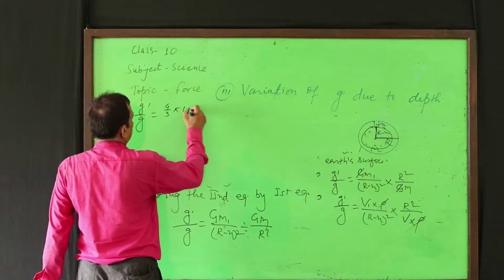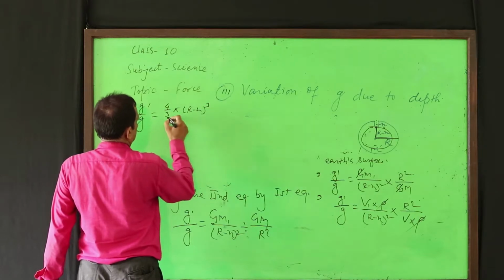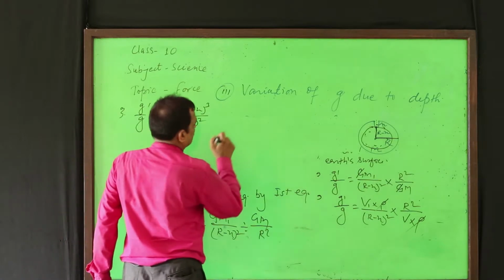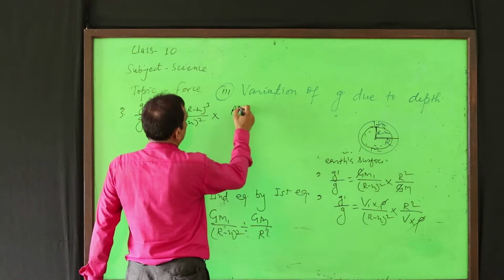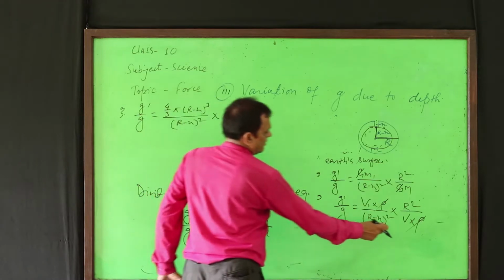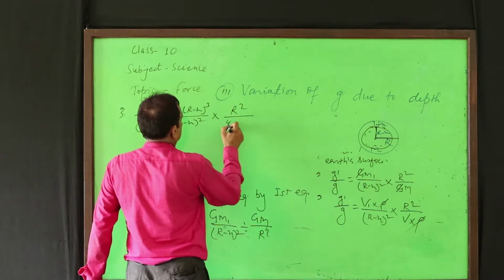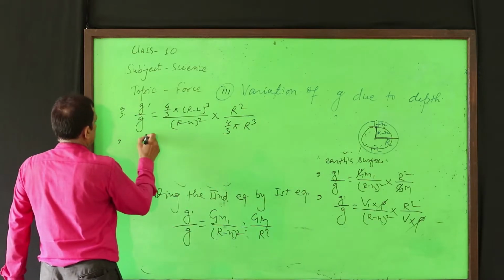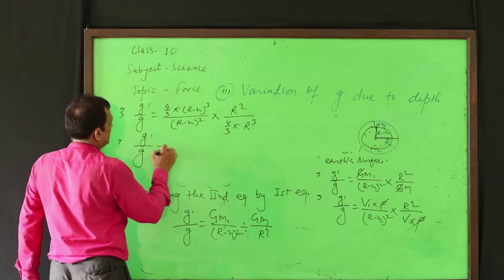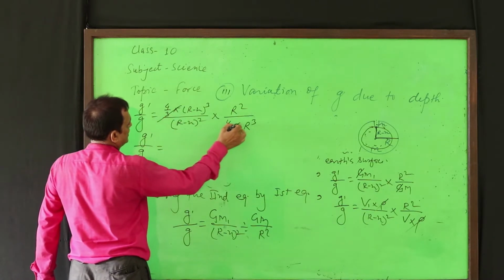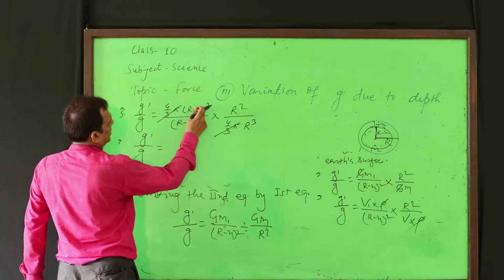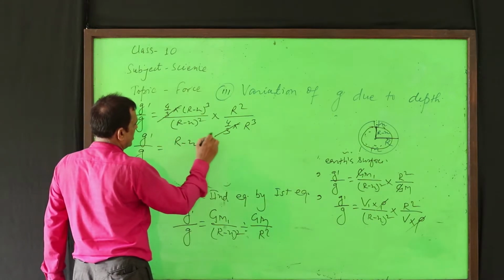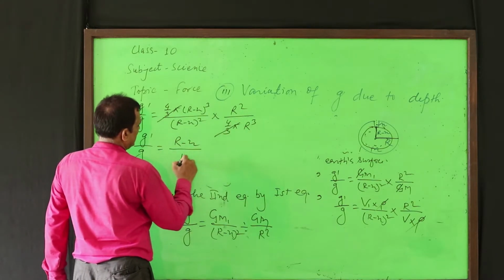So I write here (r minus x) whole cube by (r minus x) whole square into r square by, for this volume, 4 by 3 pi r cube. The 4 by 3 pi cancels with this 4 by 3 pi. We get here only, there are 3 numbers of r minus x here, there are 2, so we get here r minus x only, and here only r.